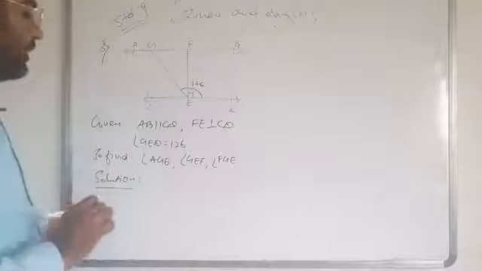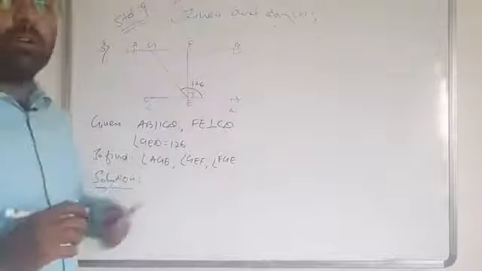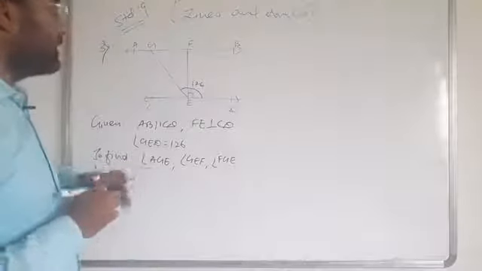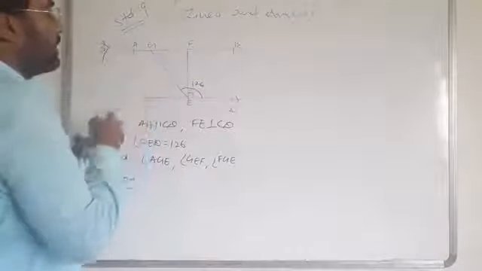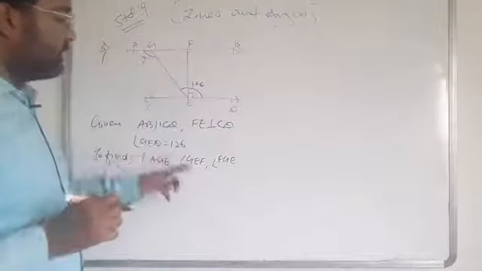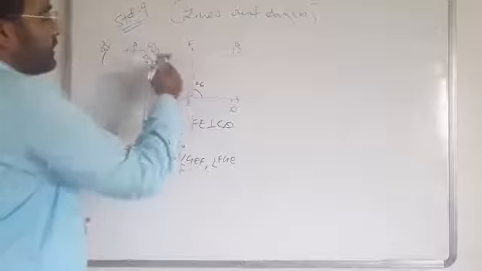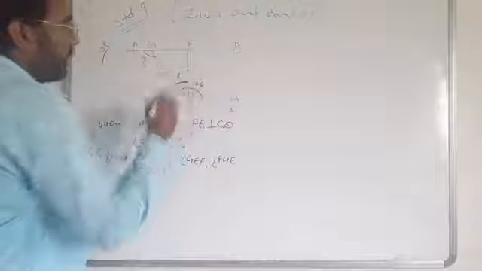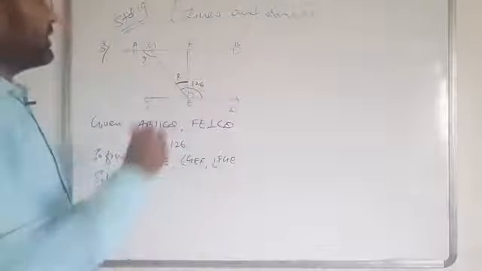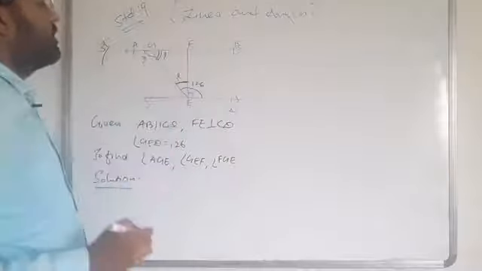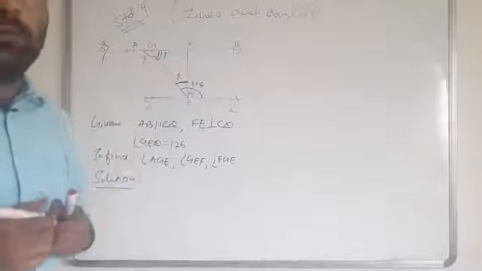First of all I'll note down which angles we want. AGE, we want this angle. Second GEF, this particular part of the angle. And FGE, that is this part of the angle. These three angles we have to find.